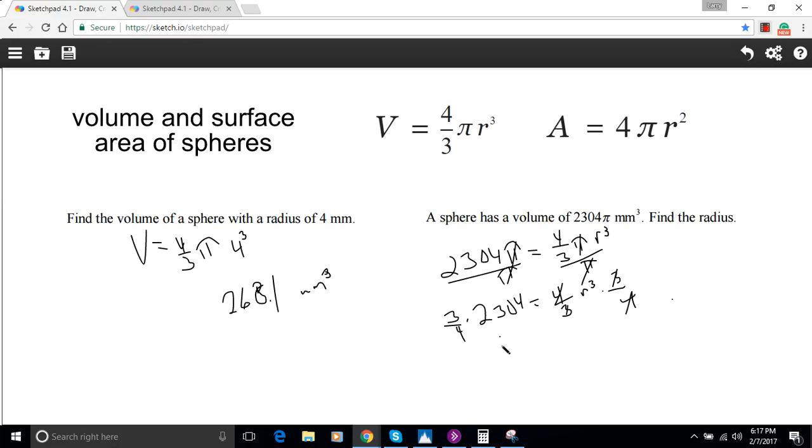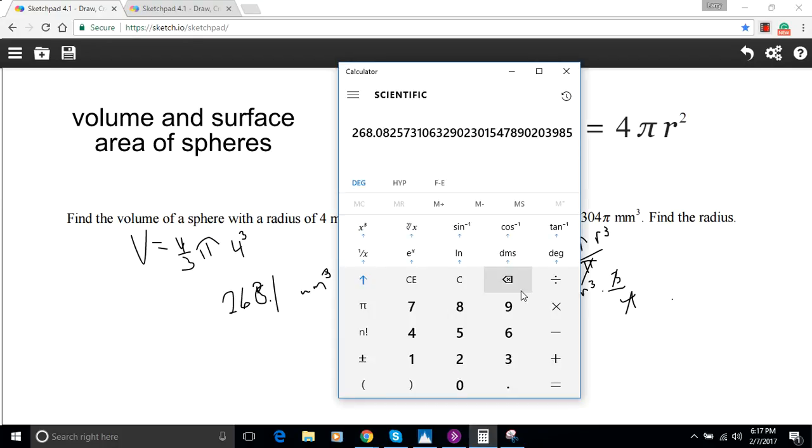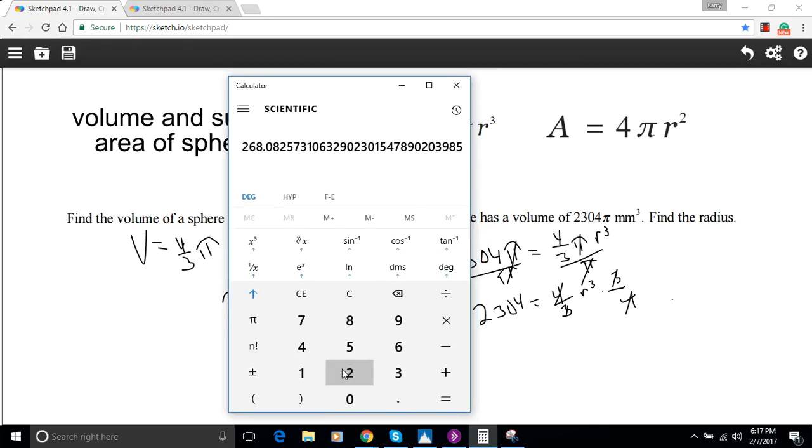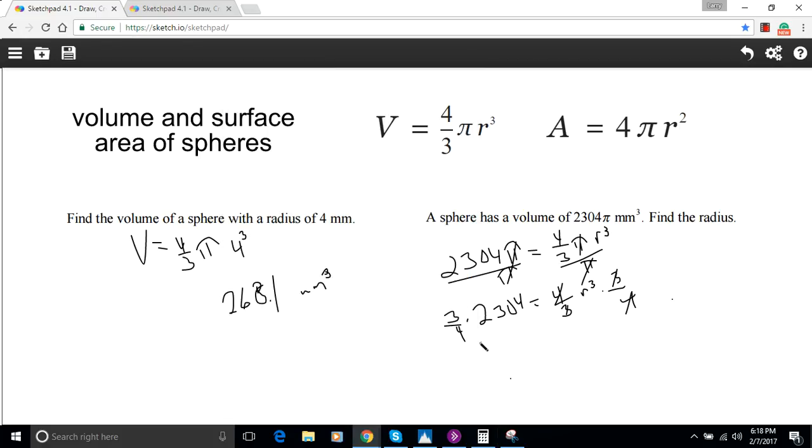Let's calculate this number on the left. That's 2,304 times 3 divided by 4. That gives us our multiply by 3/4. So that's 1728. So 1728 equals r cubed. And then to solve for r, we just take the cube root of both sides.